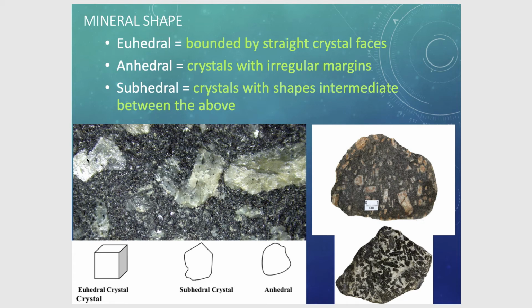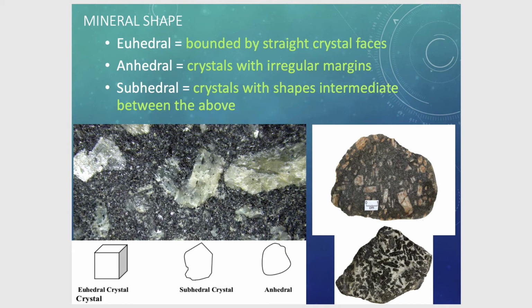So we would call this a euhedral phenocryst, or other cases in which part of the crystal becomes irregular. We have a squared plagioclase in this example that is partly developed with its own symmetry, so that's a section of a mineral in reality.